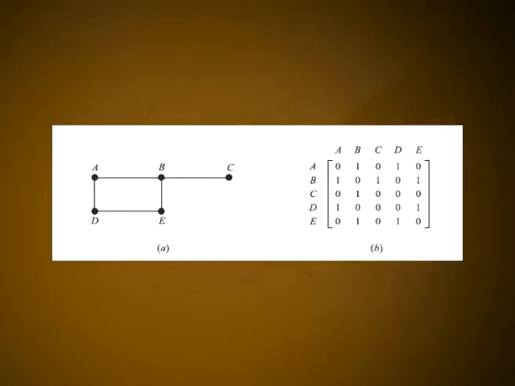The figure shown contains the adjacency matrix of the graph G where the vertices are ordered A, B, C, D, E. Observe that each edge (vi, vj) of G is represented twice, by aij = 1 and aji = 1. Thus, in particular, the adjacency matrix is symmetric.